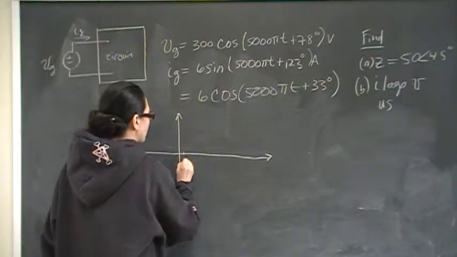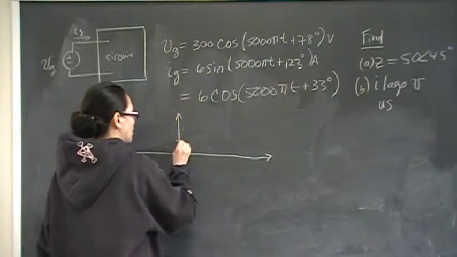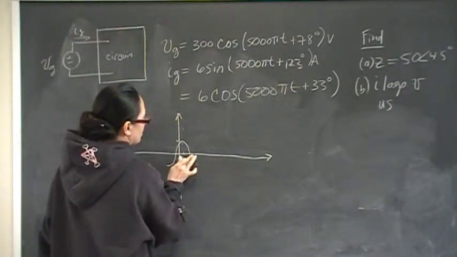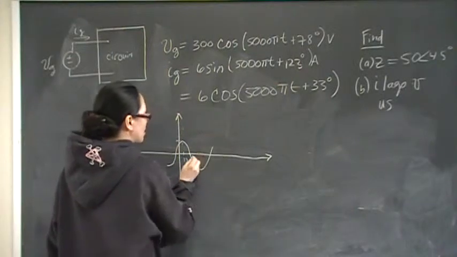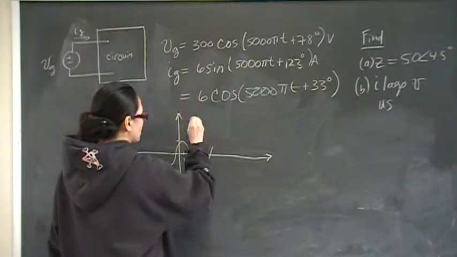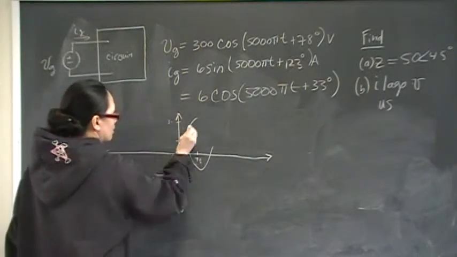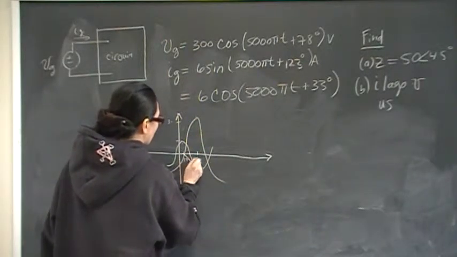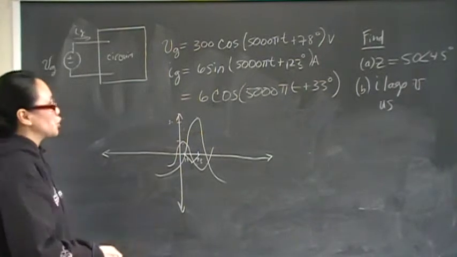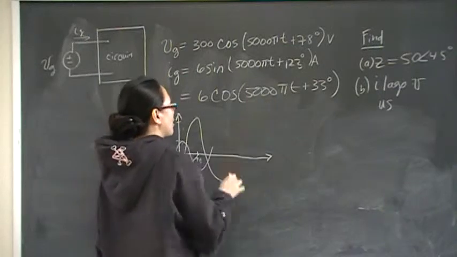Here's the current maximum at 33, and here is the voltage maximum at 78. We need to translate this into the time domain somehow, and that's going to come from the radians.